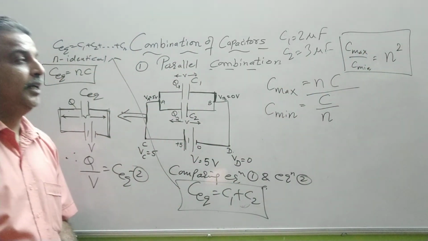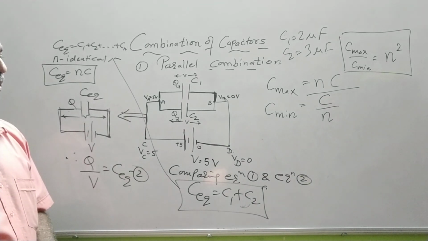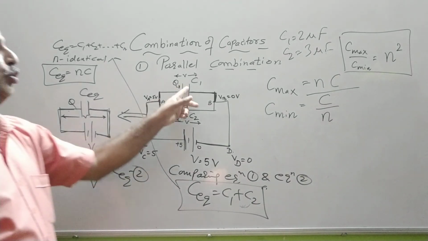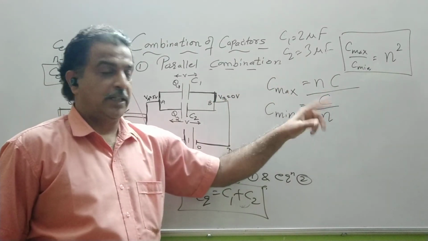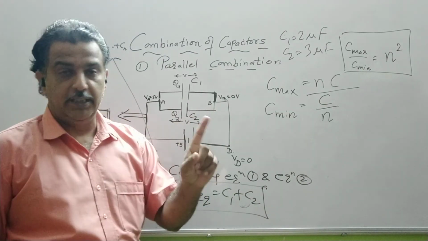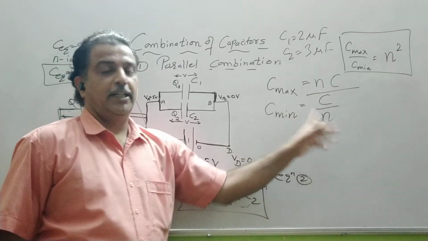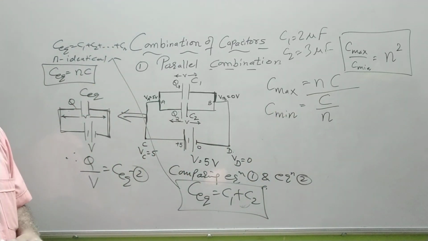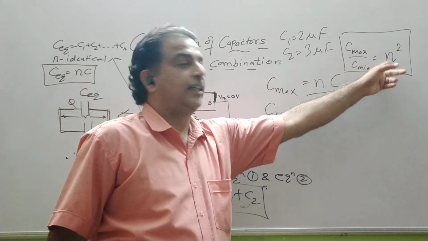In parallel it becomes 4, and in series 2 and 2 will be 1. So it will be 4 and here it will be 1, so it becomes directly 4, or you can directly apply the formula for 2 identical capacitors.